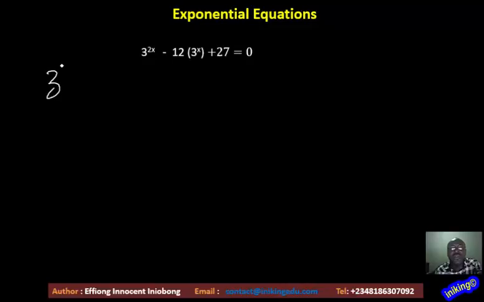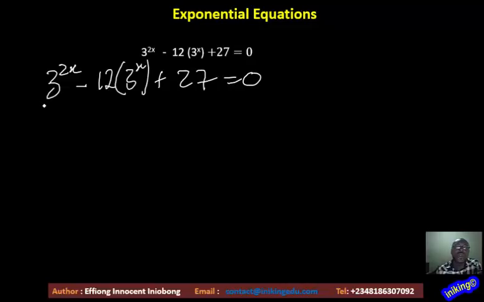Here we have 3 raised to the power 2x minus 12 into 3 raised to the power x plus 27 equal to 0. The first thing we do is that since I have 3 raised to the power x here, I look at this side. This is 3 raised to the power 2x. Can I get 3 raised to the power x out of this?